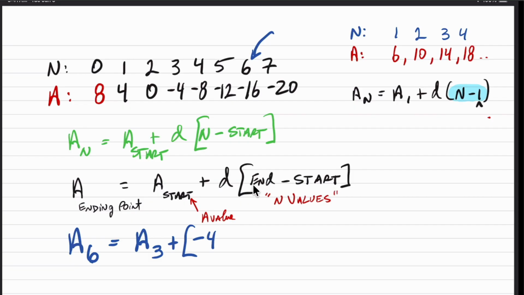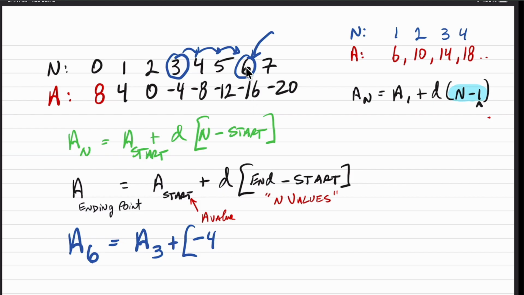Now, when we talk about n minus the start here, we're talking about n values, not a values, not amounts, because we want the number of steps. So to figure out the number of steps to go from position 3 to position 6, we have to use the end position. That's right there. That's 6. That's an n value, not an a value.